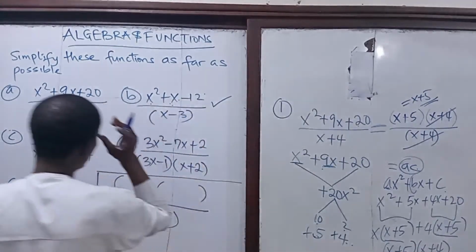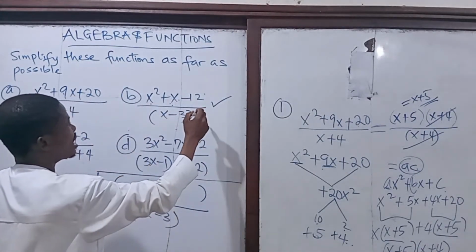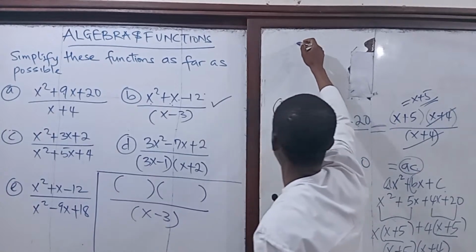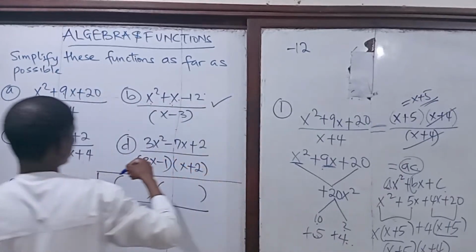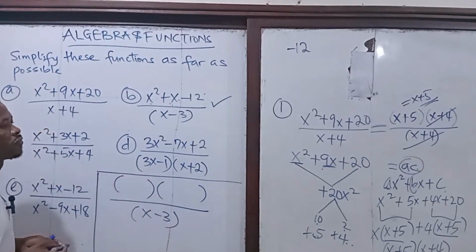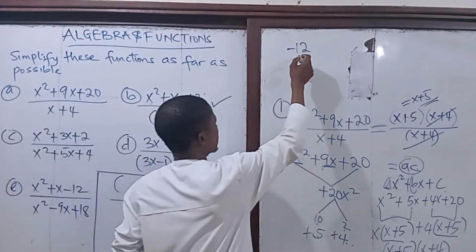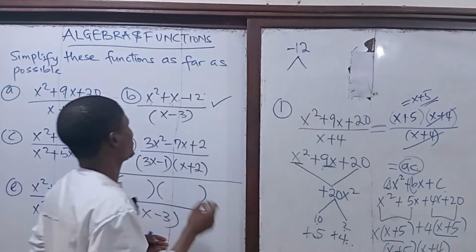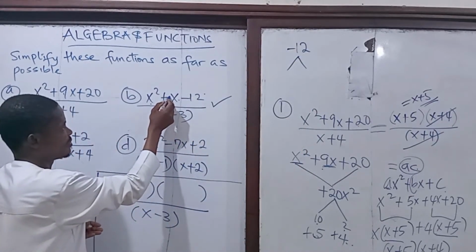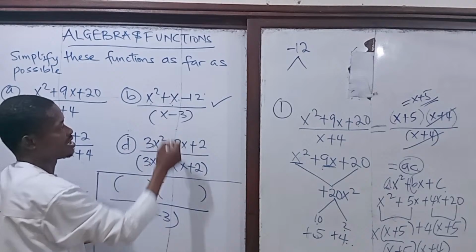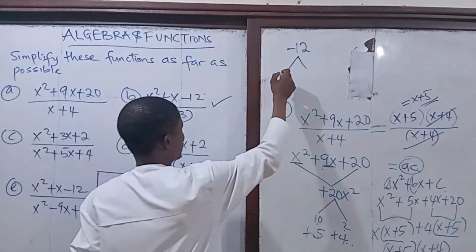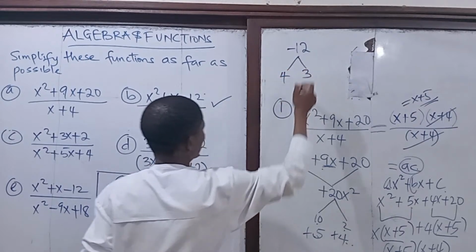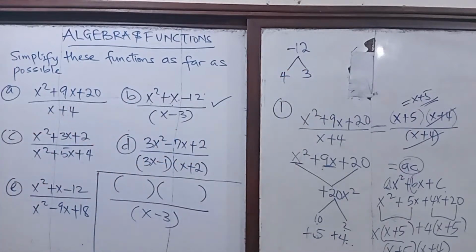So what you're going to do is find factors of minus 12 that can generate plus 1. The coefficient of x in the middle here is plus 1. What are the factors? I think 4 and 3 will be the right numbers.